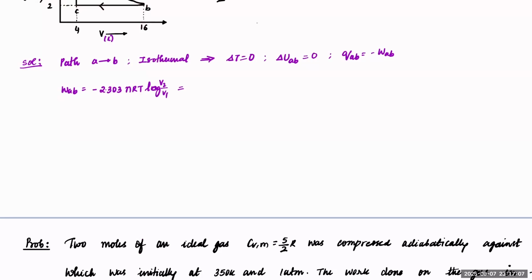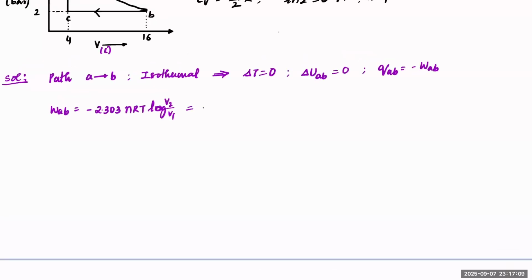So here I can write the same formula, minus 2.303 into n R T, where nRT can be written as P1 V1, times log of V2 by V1. So you can see now the number of moles is actually not necessary in the question. So that would be equal to minus 2.303 into P1 V1 into log of V2 by V1.